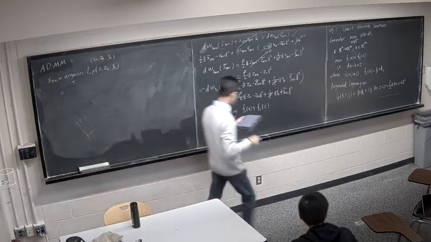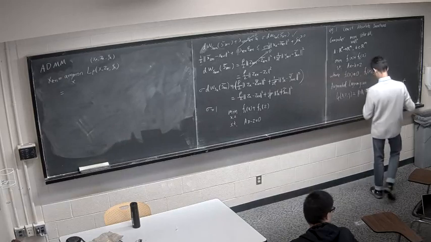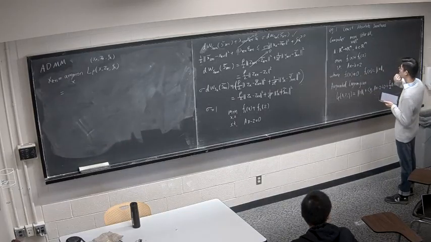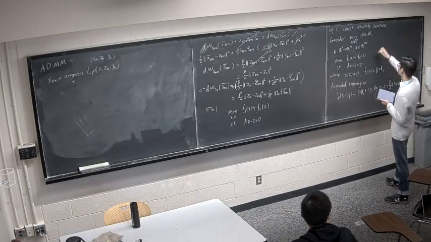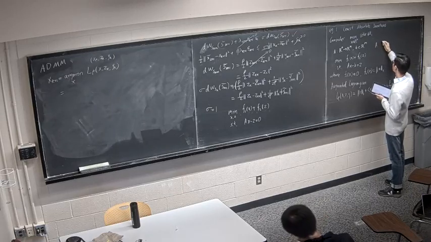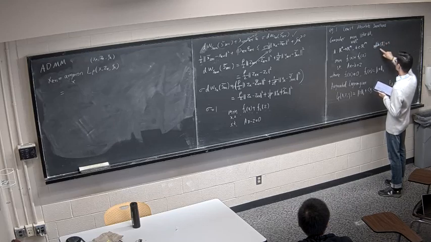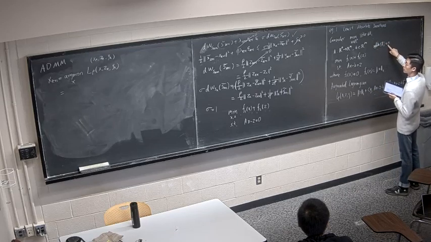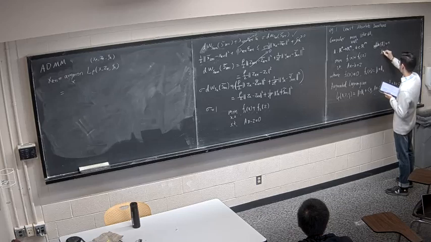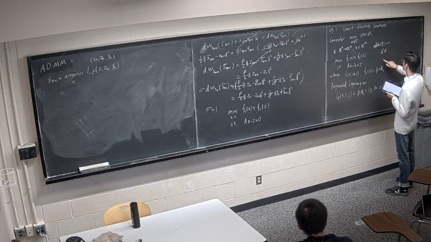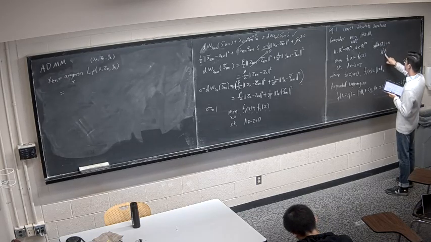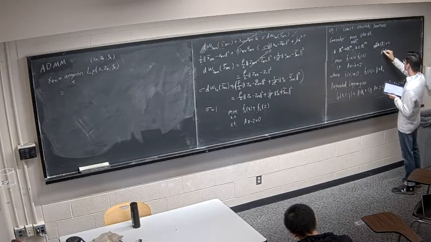And here we also assume that A is full column rank. So we assume the rank of A is the same as the number of columns, so that A transpose A, this is an n by n matrix, and this is invertible.